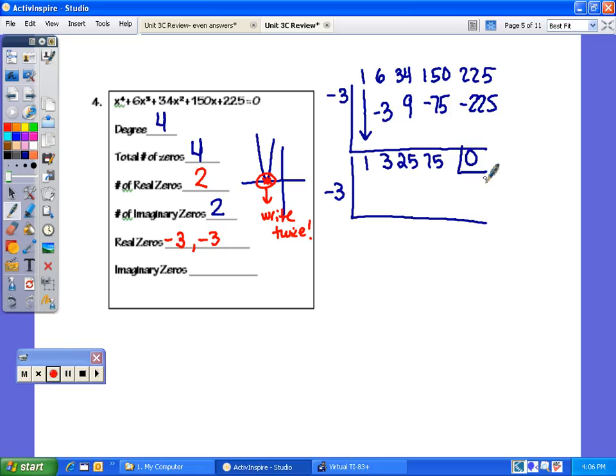So I got 0, which is exactly what I wanted. So I do it again. Got 0 again, and look, I have a 0 in the middle again, so I can do the shortcut. Remember, you can only do the shortcut when there's a 0 in the middle.